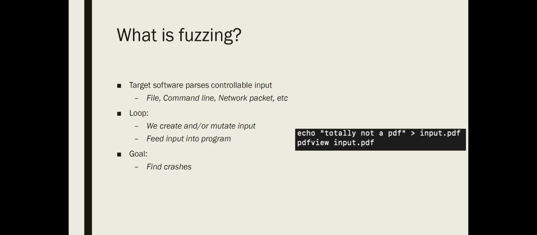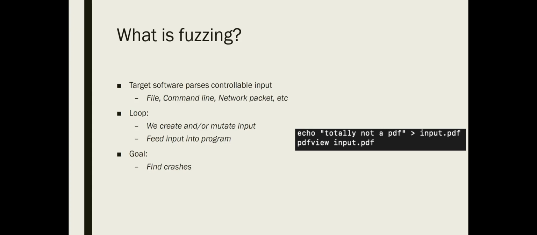We feed that input to the program such that the program passes our packet or passes our PDF and does things like that. And then when it's finished parsing, we go back to the start of the parsing function in the target or call the function again with our next input. And we keep calling the parsing function with new inputs until the target crashes.